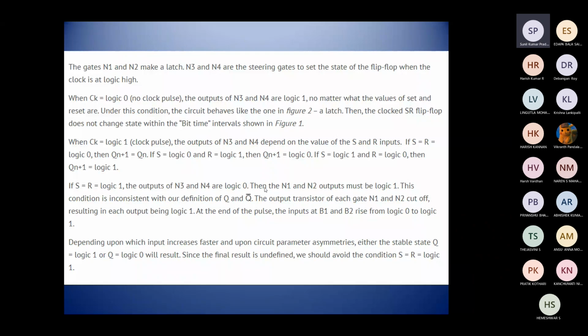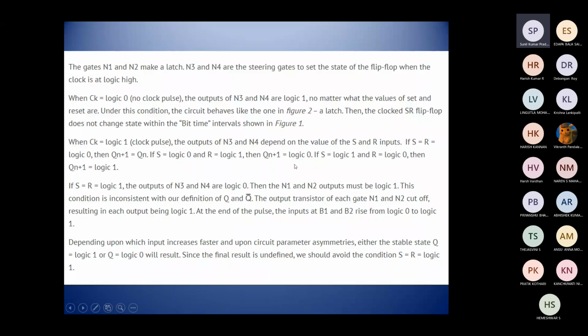Let's say if the set and reset inputs, S and R, are equal to logic 0, then Qn plus 1 is equal to Qn. If S is equal to logic 0 and R is equal to logic 1, then Qn plus 1 is equal to logic 0.